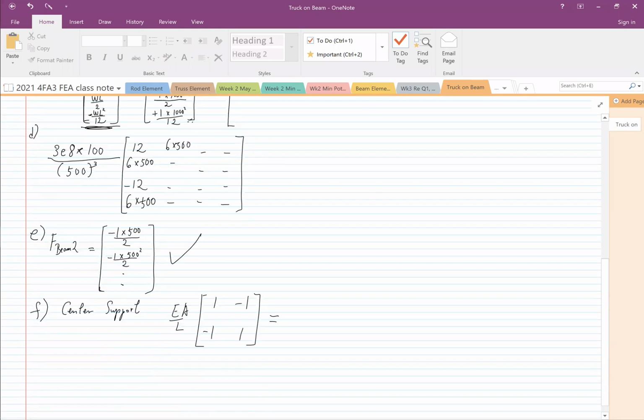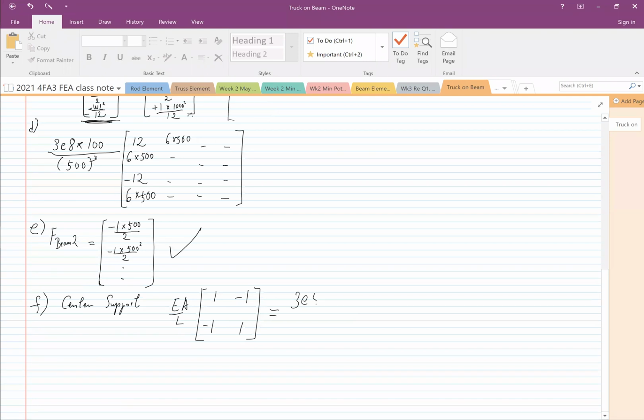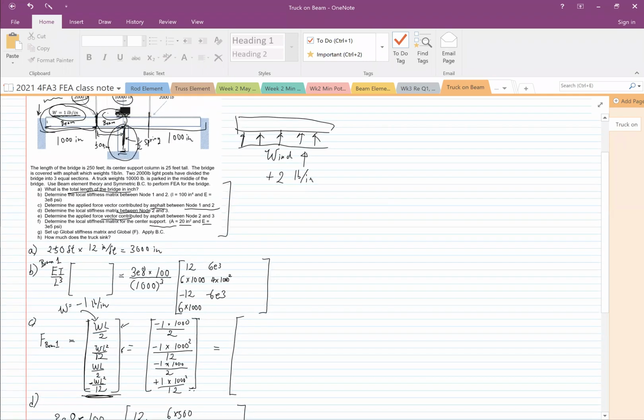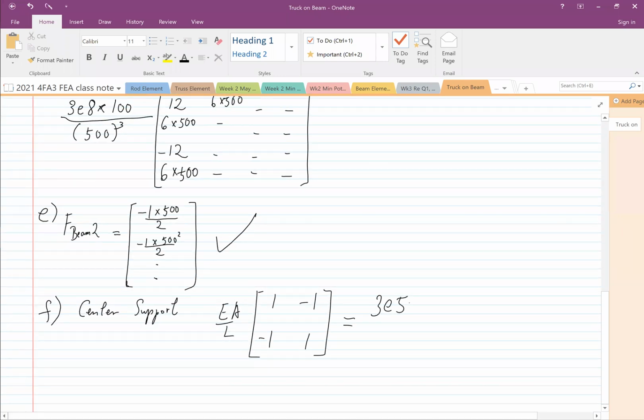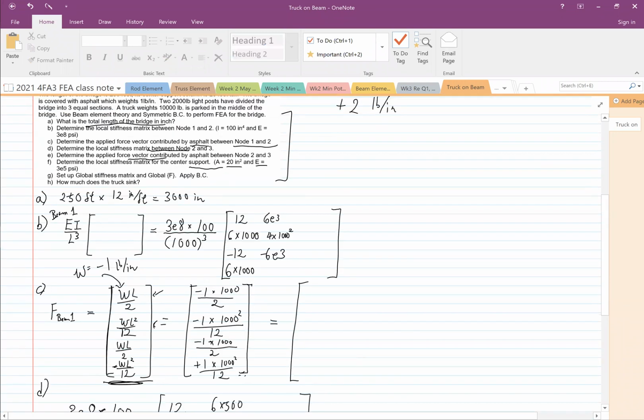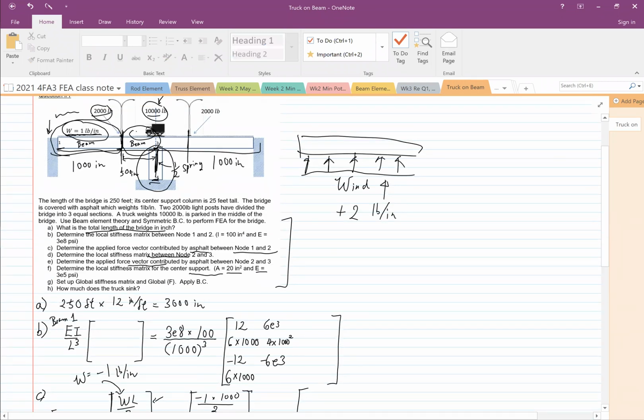E is 3E5. Area is 20 times 20, divided by L. How tall is the column?